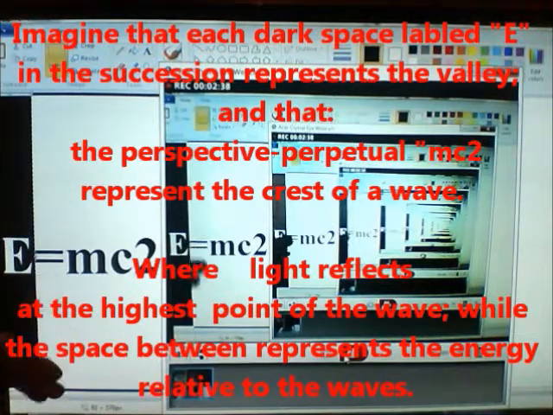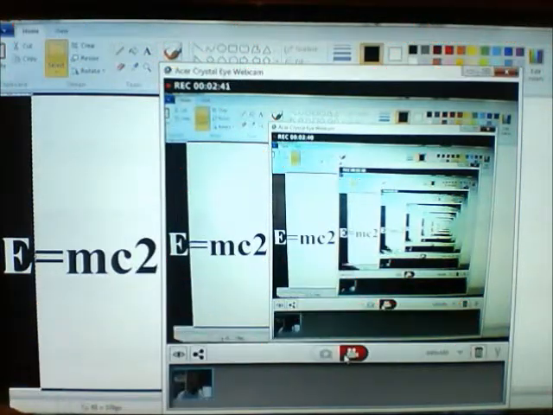So here we see energy on the dark side, but energy, so long as it's not relative to a reflective substance, remains dark energy.